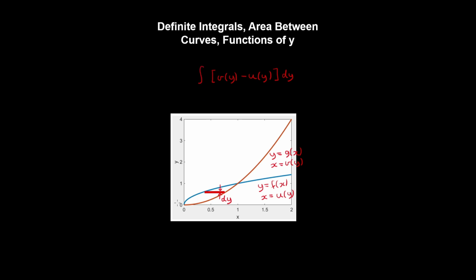And then integrating from y equals a to b is effectively summing up the areas of those infinitesimally thin rectangles from a to b. And that gives us the area of this region.